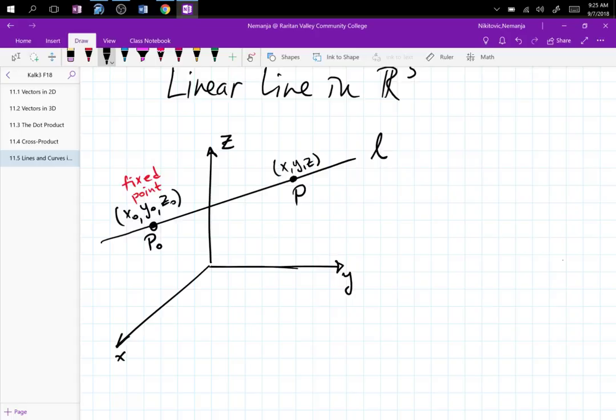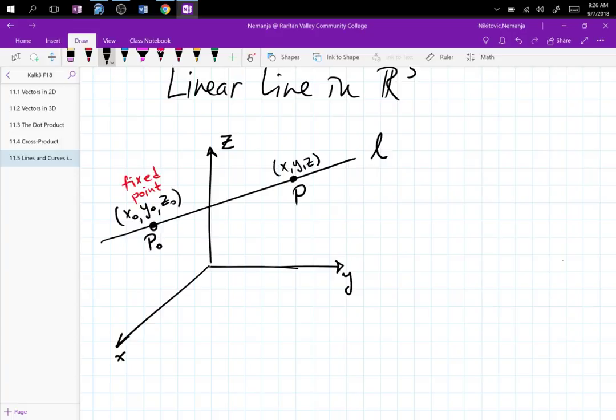Every single point along this black line is a point P, and that's the point P0. So you can draw this point P anywhere on the line, because the coordinates of the point P are x, y, and z, which are all of these points. So any combination of x, y, and z that will keep you on the line will give you point P.